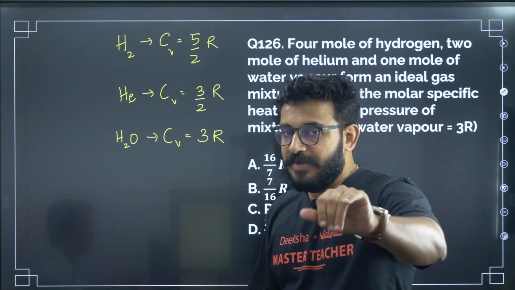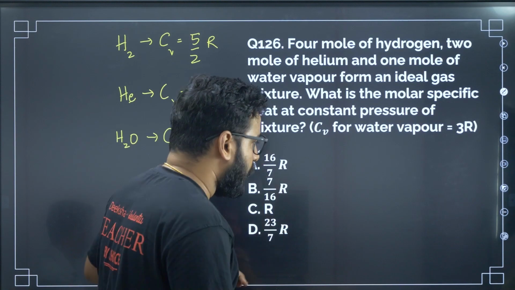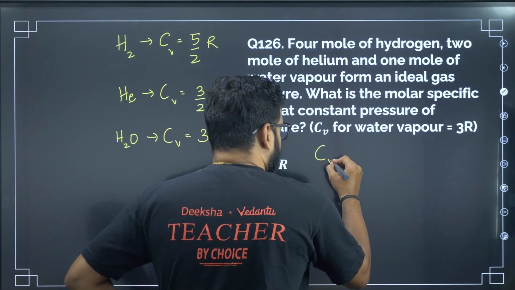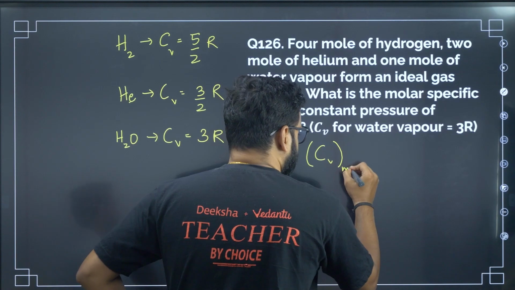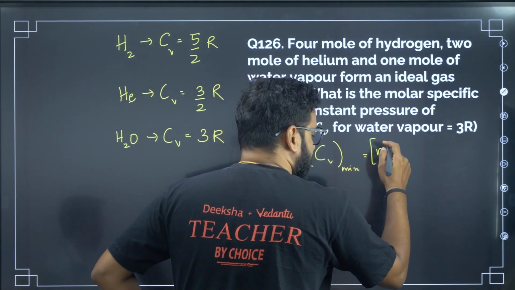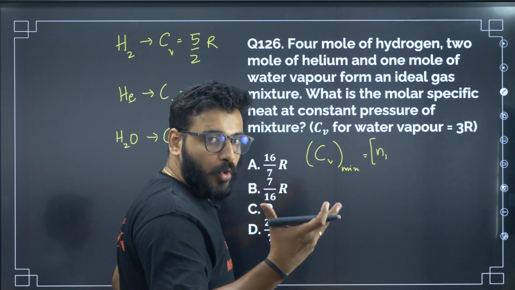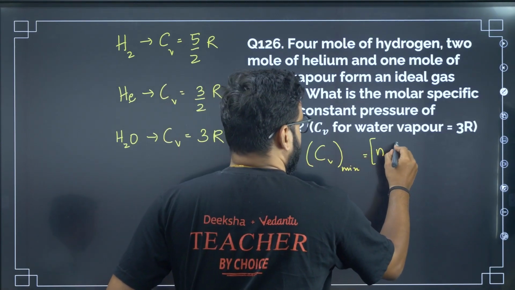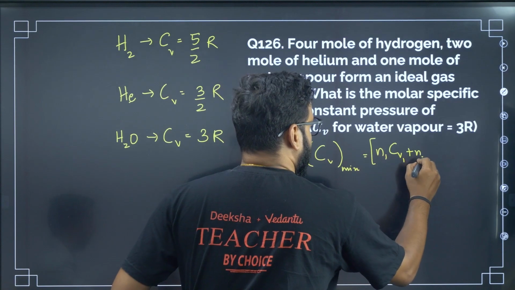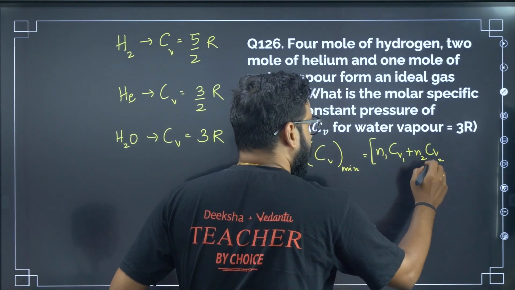Now let's talk about the mixture. Very important. For any mixture, CV of the mixture is given as N1 CV1 plus N2 CV2 and so on.